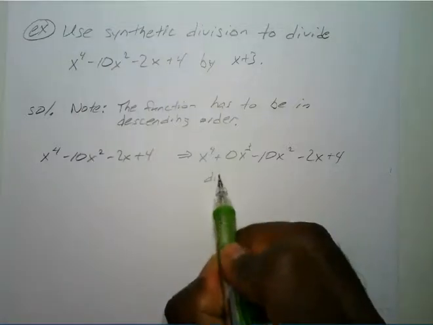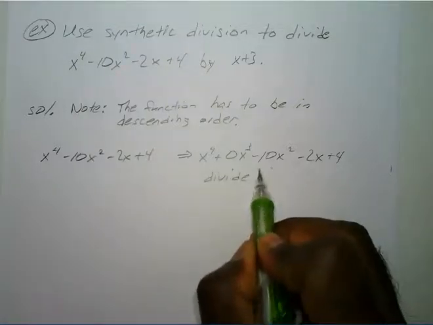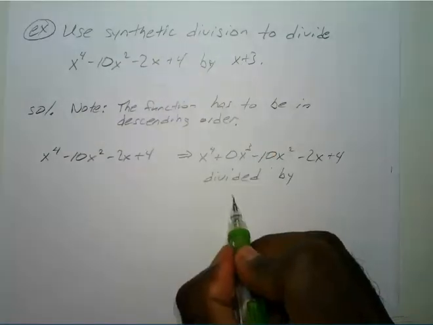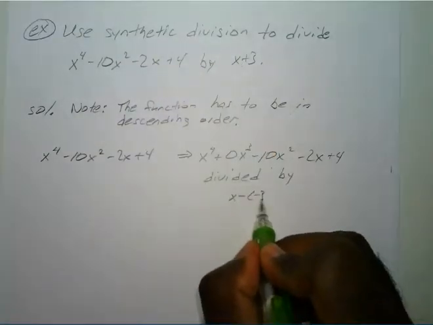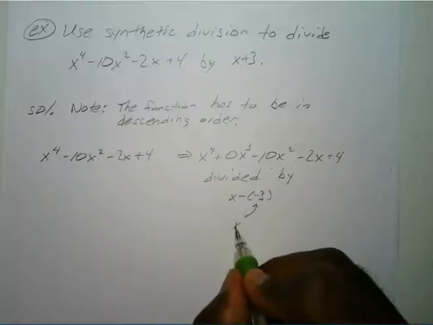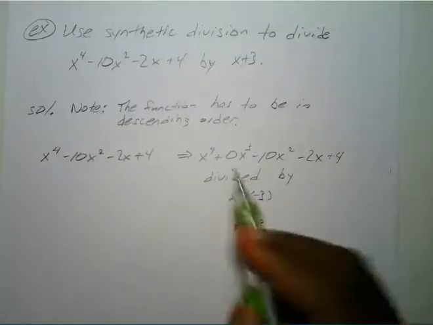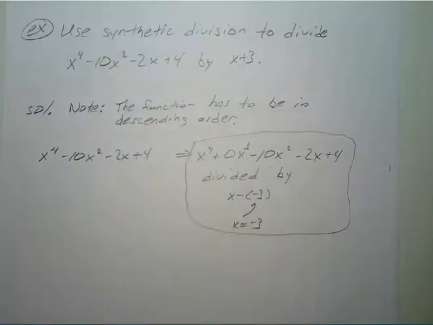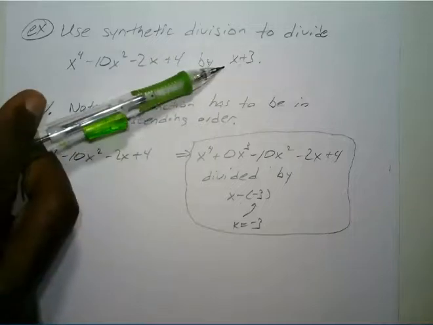And it's going to be divided by your x plus 3, so it's going to be x minus negative 3. In this case, that means your k is going to equal negative 3. So this is what you're going to use. This is how it should look after you rewrite your function and your divisor.